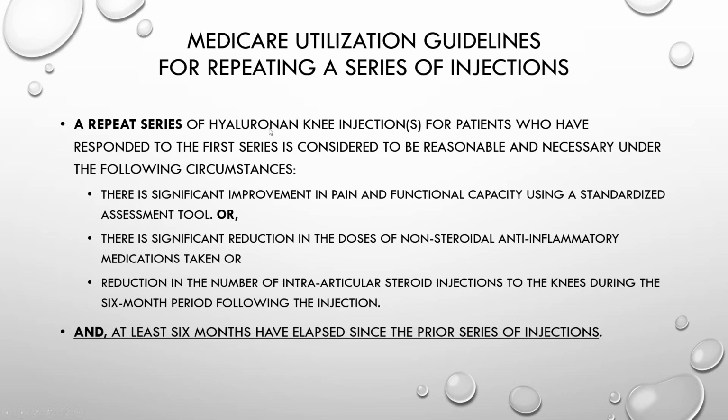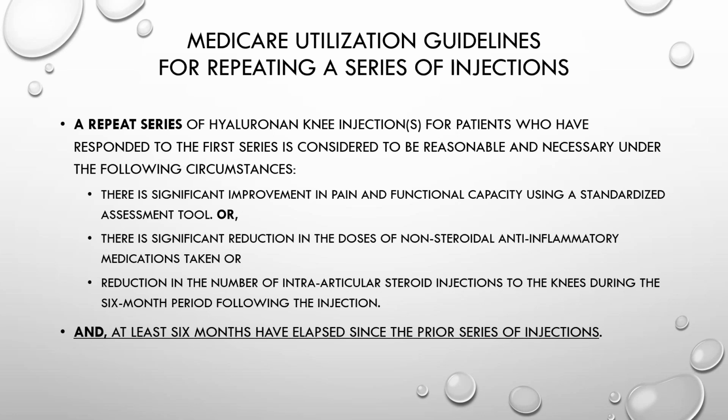A repeat series of Hyalgan injections for patients who have responded to the first series is considered to be reasonable and necessary under the following circumstances. So let's say you have done a series of injections, knee injections on a patient. You've done 3 to 5 injections on the right knee. They feel pretty good.